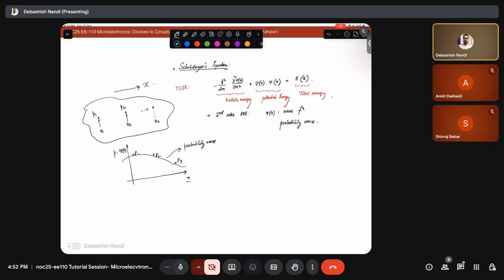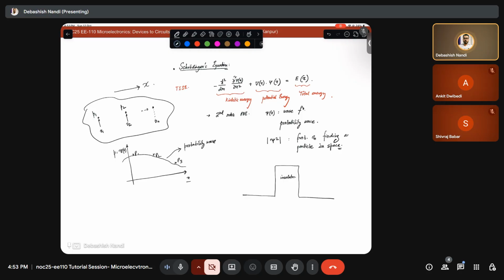So psi square gives the sense of the probability of finding a particle in space. Now the question is, let's say I have an insulator.